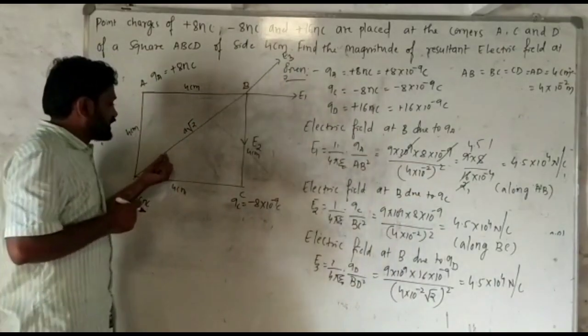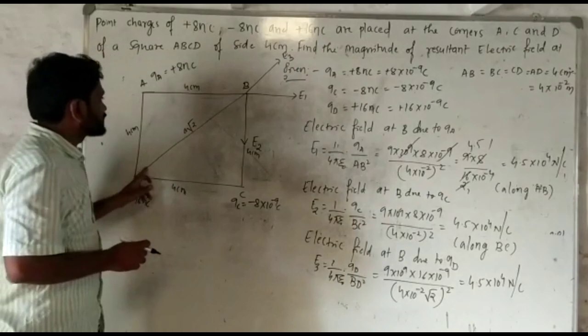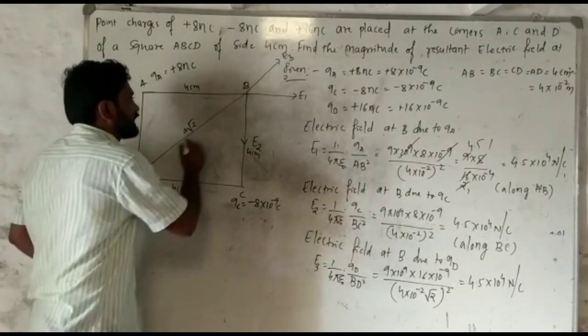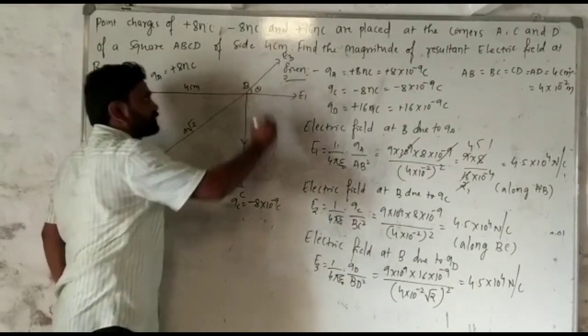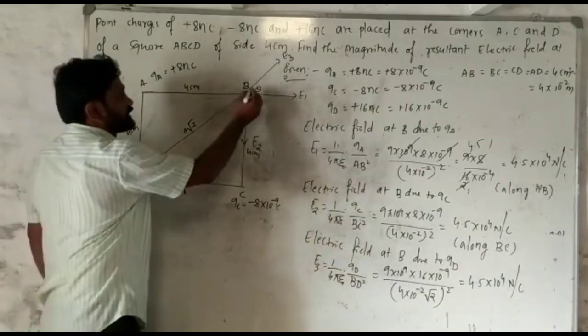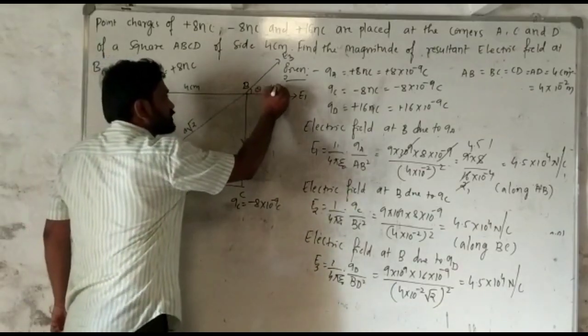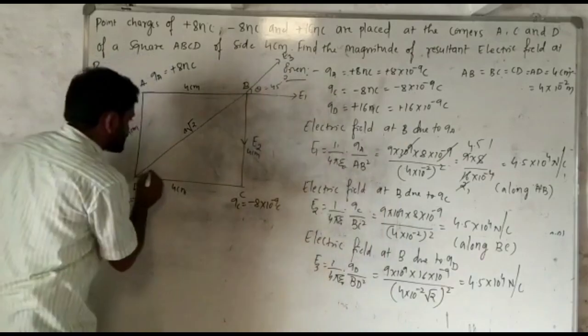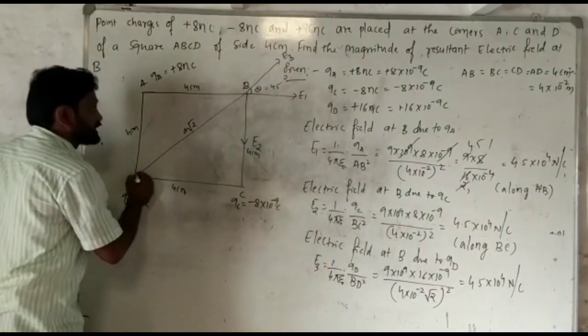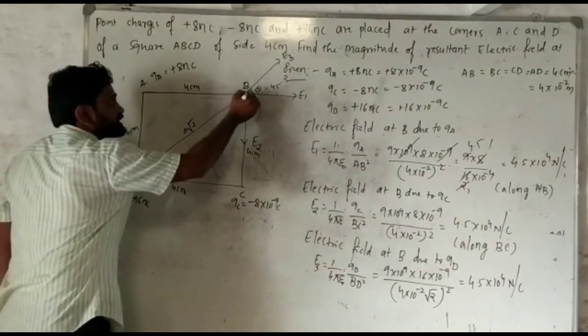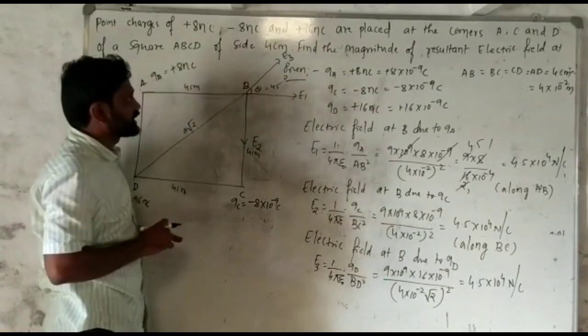See, the E3 is acting with some angle theta. Here theta is equal to 45 degree, because it is a right angle triangle. It is exactly 90, half of it means 45 degree.